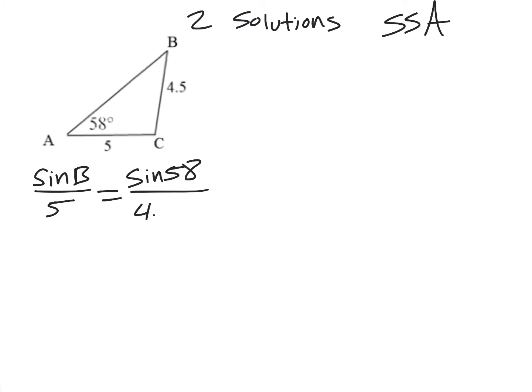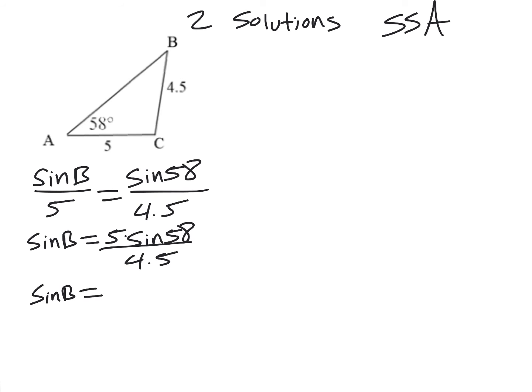Sine of 58 over 4.5. This would be 5 times the sine of 58 over 4.5, which is .9423.